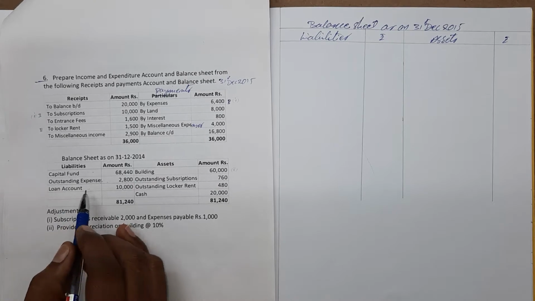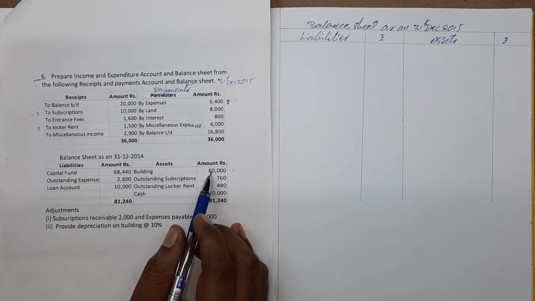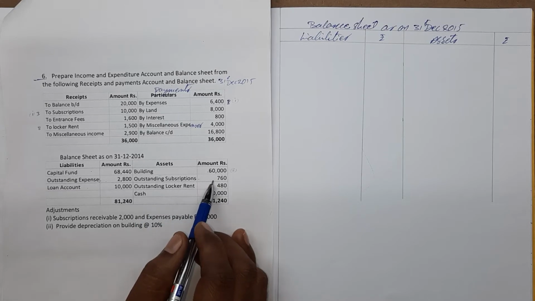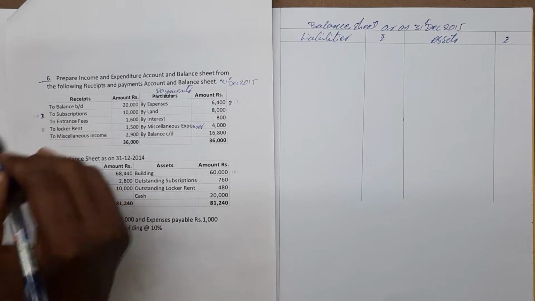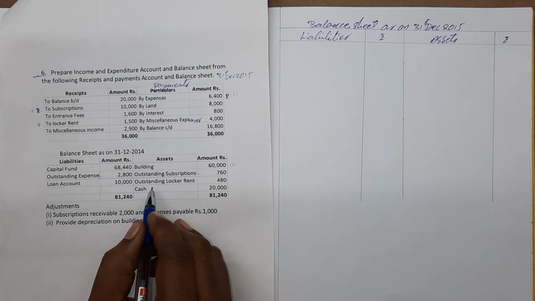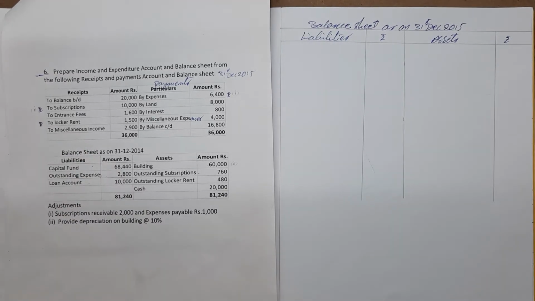Next, loan account is 10,000 and buildings 60,000, and outstanding subscriptions, that is an adjustment for the balance sheet. Next, outstanding locker rent is also an adjustment related to the balance sheet.